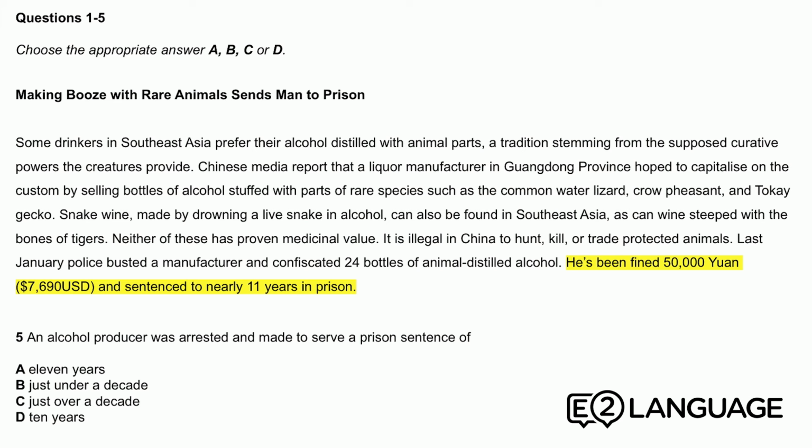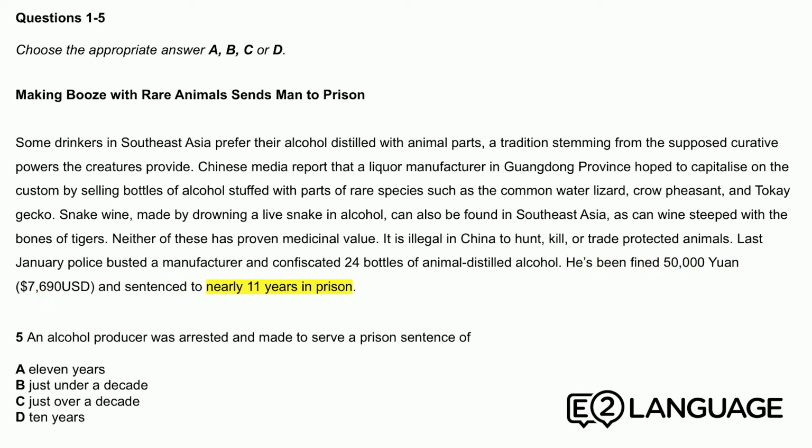Okay, the final question. So I suggest actually going from the question to the paragraph. So let's go from number 5. An alcohol producer was arrested and made to serve a prison sentence of, so we're looking at a number here, probably not the amounts of money.